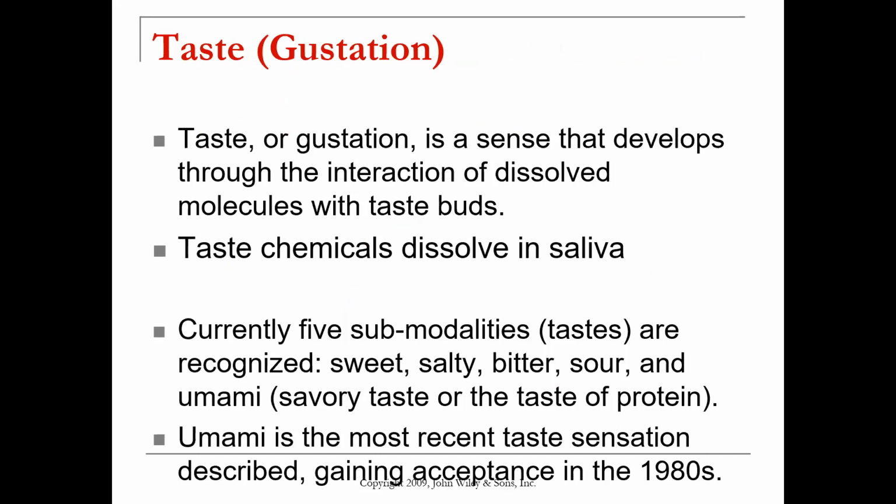So that's olfaction. That is our ability to detect odors, and we store those odors in our brain. We recognize the odor. As we age, our ability to detect odors fades.